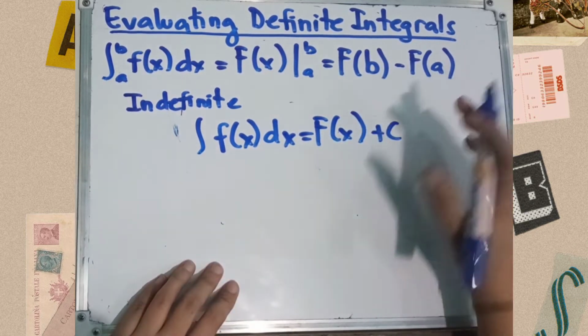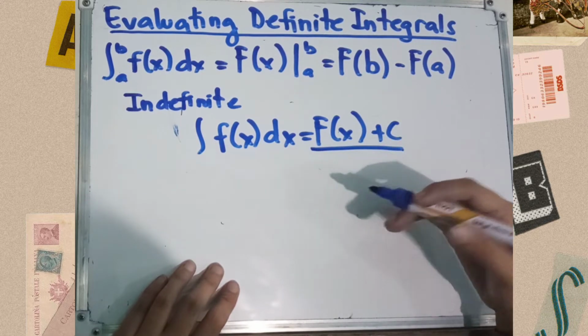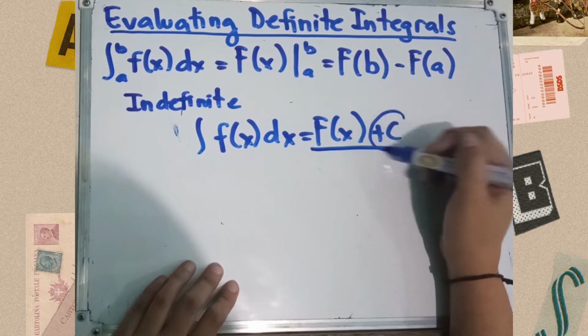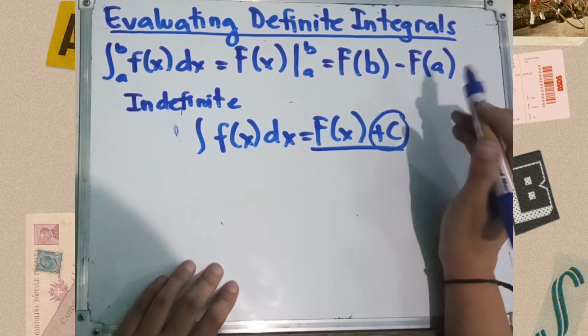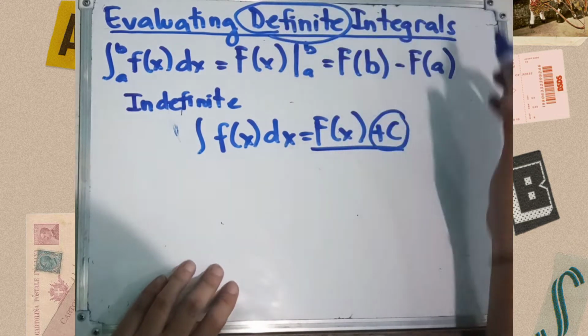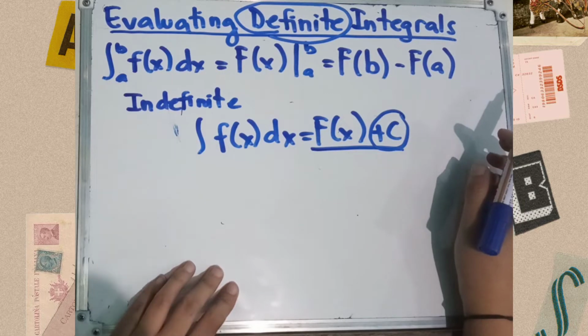So if we solve for this one, our final answer will be a certain function or expression followed by the constant of integration c. But here, for definite integral, from the word definite, we will be getting an exact value.